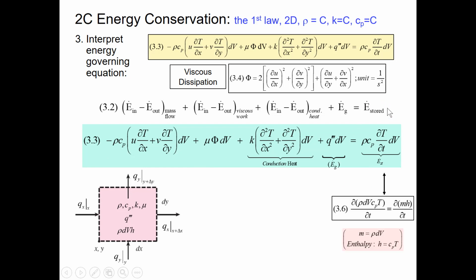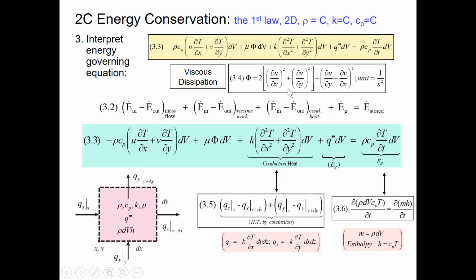this is the energy stored inside the control volume in the form of enthalpy. This is energy generated within the control volume at a rate of Q triple prime.